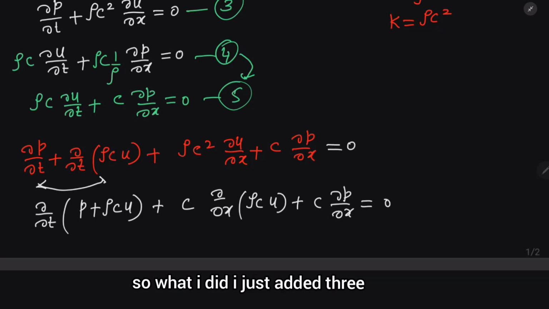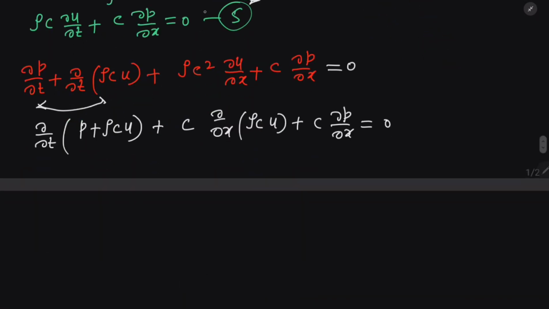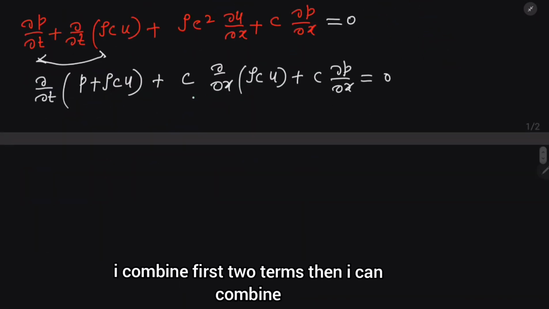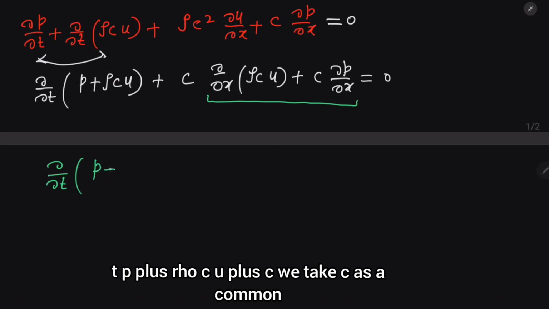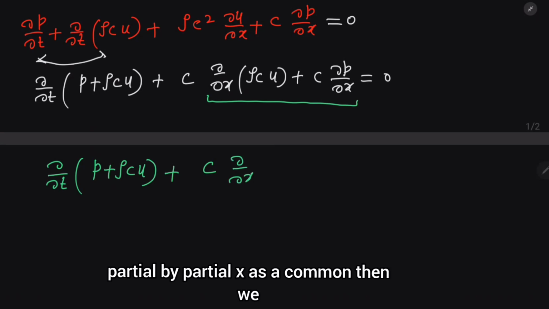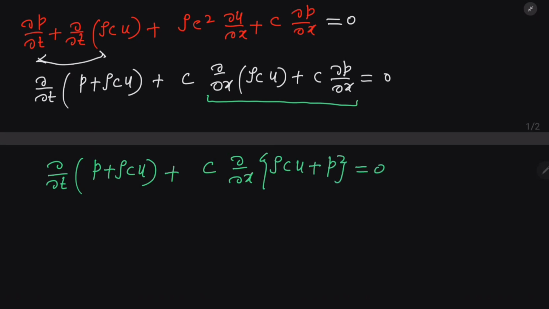So what I did, I just added 3 and 5, and then I combined the first two terms, and then I can combine the second two terms as well. Partial by partial t of p plus rho c u, plus, taking c as common, partial by partial x of rho c u plus p is equal to 0.